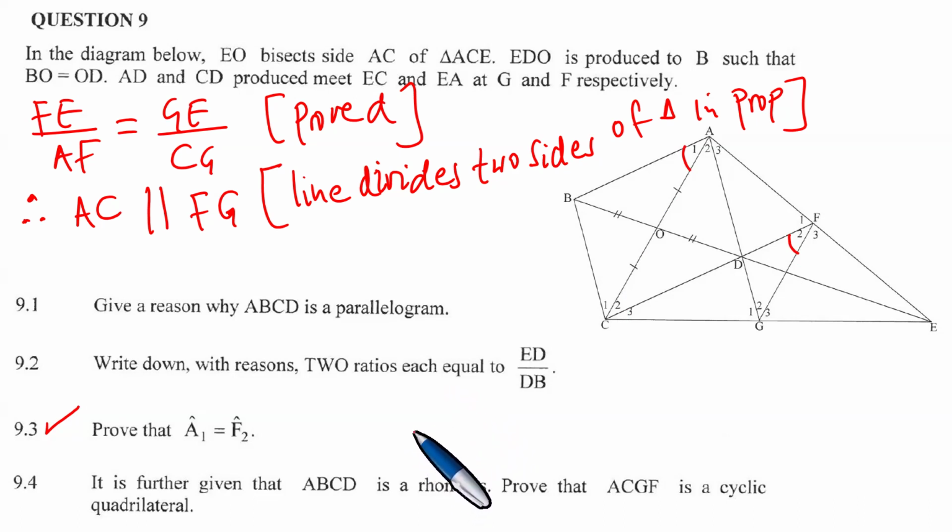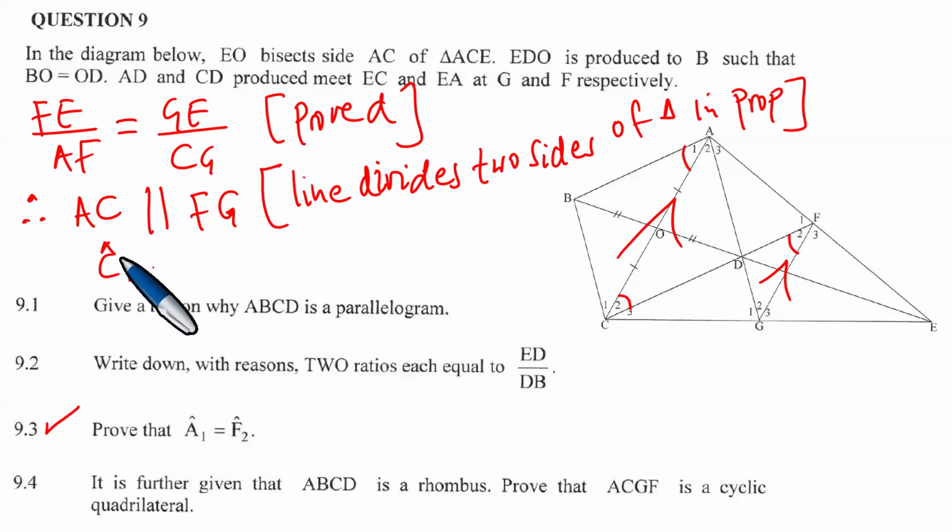Now, as a consequence, we're able to see, therefore, that if AC is parallel to FG, these are parallel to each other. Angle C2 is equal to the angle F2. Why? Because these now are alternate angles. How beautiful is this?